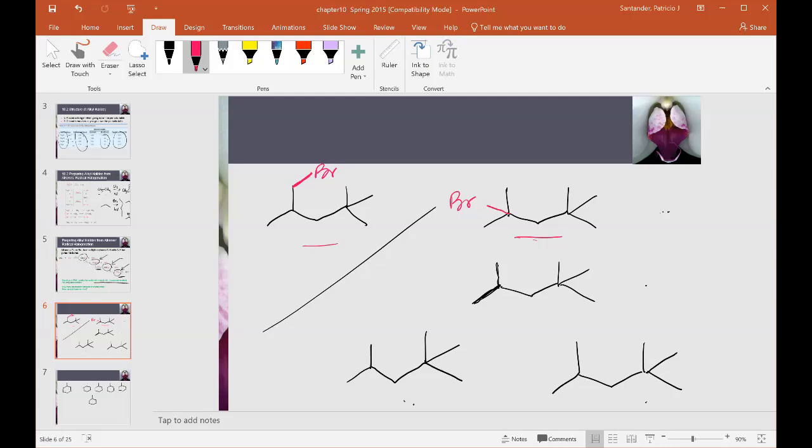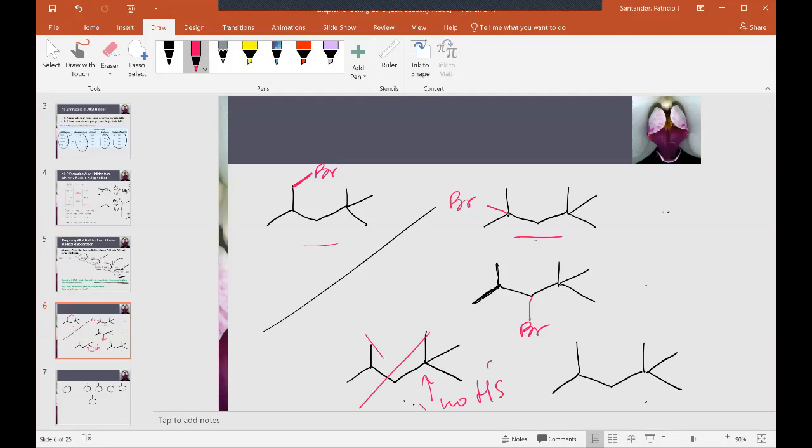Then where else can I put it? Well, I can put my bromine on that carbon atom, right? And then where else can I put it? Can I put it there? Sure not. I cannot put it there because that carbon atom doesn't have any hydrogens, right? There are no hydrogens there. So I cannot put my bromine on that one.